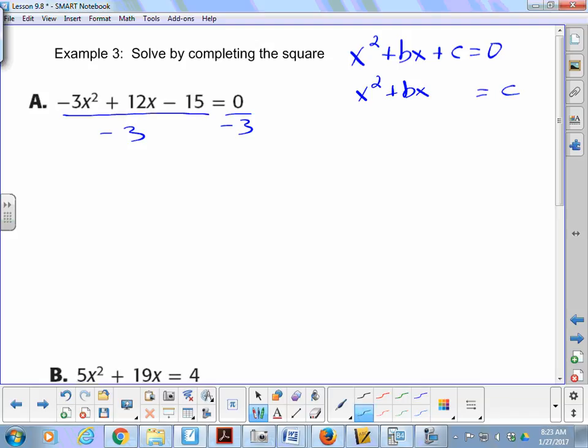So we've got x squared, 12 divided by -3 is -4x, -15 divided by -3 is +5, and that equals 0. So we're going to subtract 5 from both sides then, because we need to get it into the form x squared plus bx equals c.